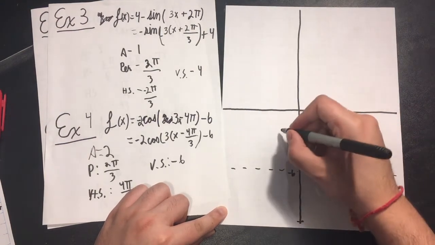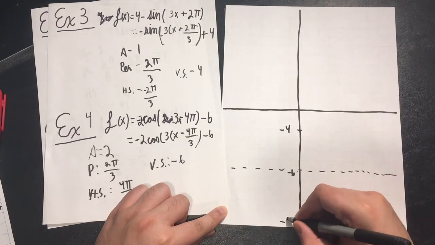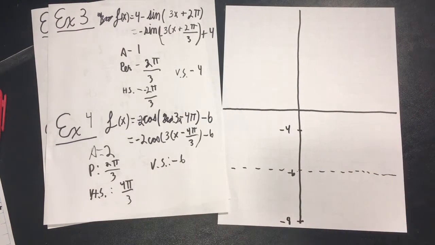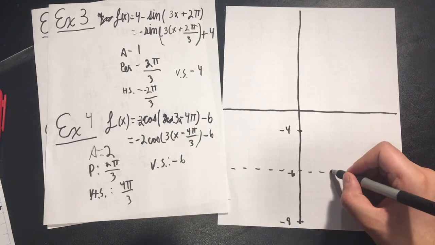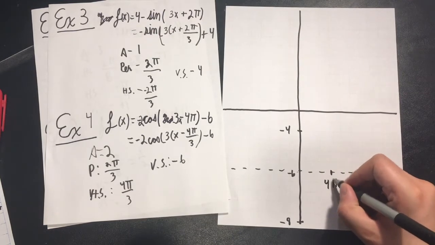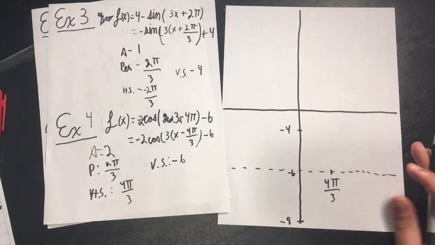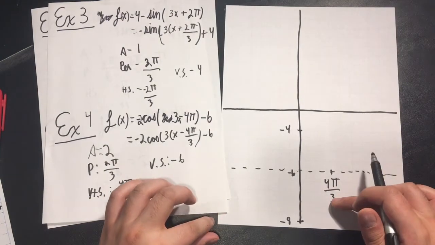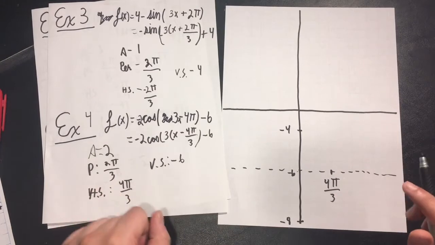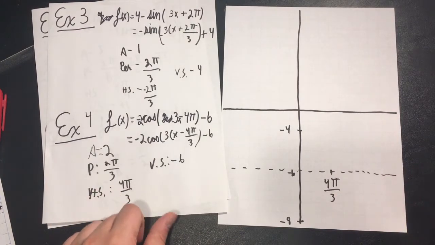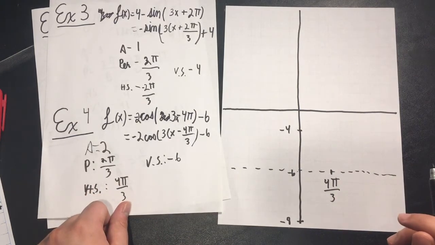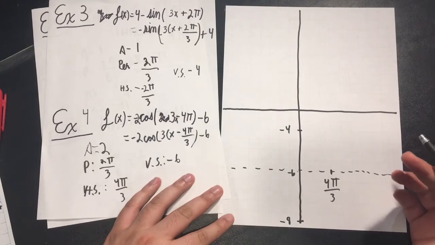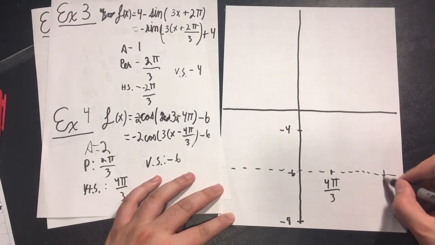And our maximum is negative 4, while our minimum is negative 8. Now our horizontal shift tells us where we start at, which in this case is 4 pi over 3, so way over here. So we just figured out our start point. Now we got to figure out our end point. All we have to do is add on our period. 2 pi over 3 plus 4 pi over 3 gets us 6 pi over 3, which simplifies to just being 2 pi.